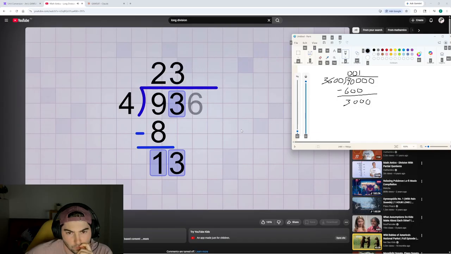Yep, it goes right over the 3 because that's the next digit we were dividing in this digit by digit process.